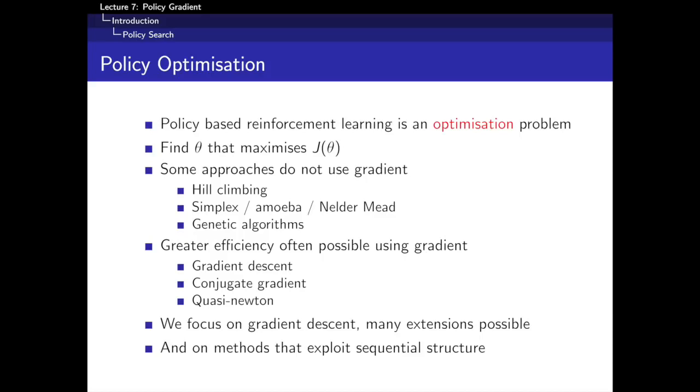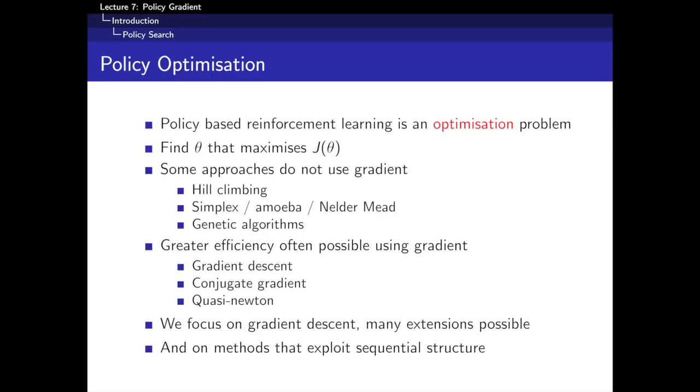Optimization methods are classically divided up into gradient-based methods and gradient-free methods. If you don't have access to the gradient, there are some algorithms you could use for optimization, like hill climbing or the simplex method, where you've got a triangle that you flip over and over as it folds its way down the hill, sometimes called the amoeba or Nelder-Mead.